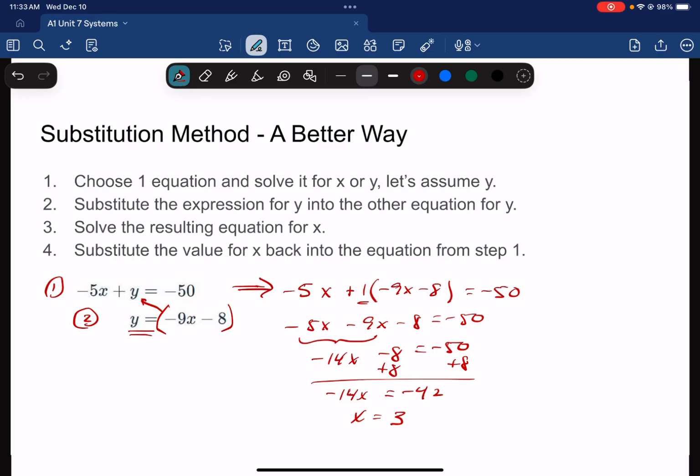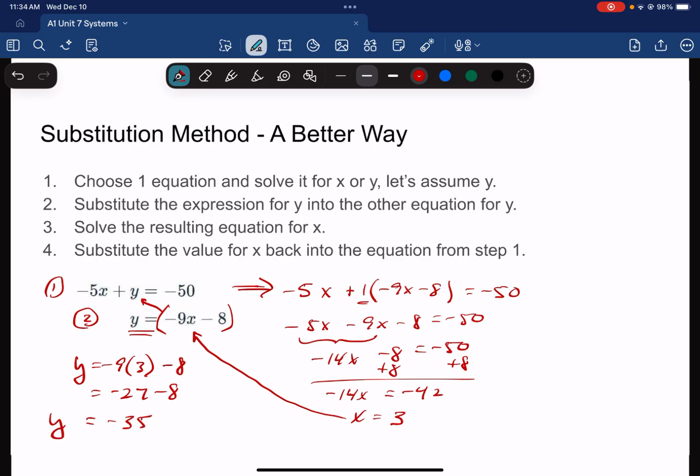So I just did step 3. I solved the resulting equation for x. Now step 4 is substitute that value for x back into the equation from step 1. So we're going to come right back up here and plug 3 in for x. That'll tell us the y value when we do the math. Negative 27 minus 8 is negative 35. So there's my y.